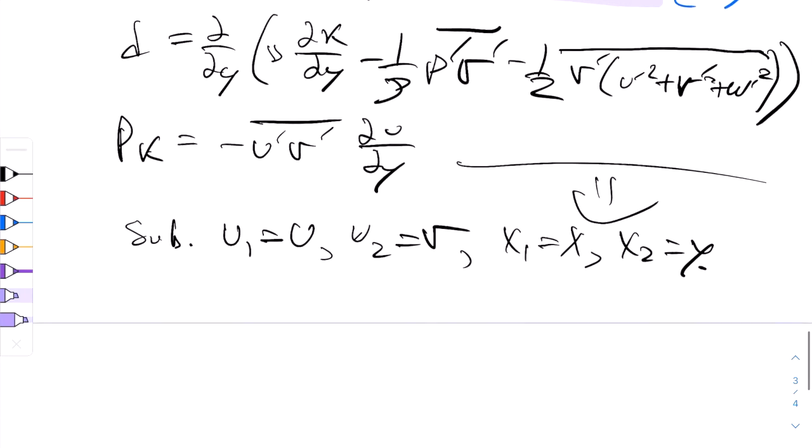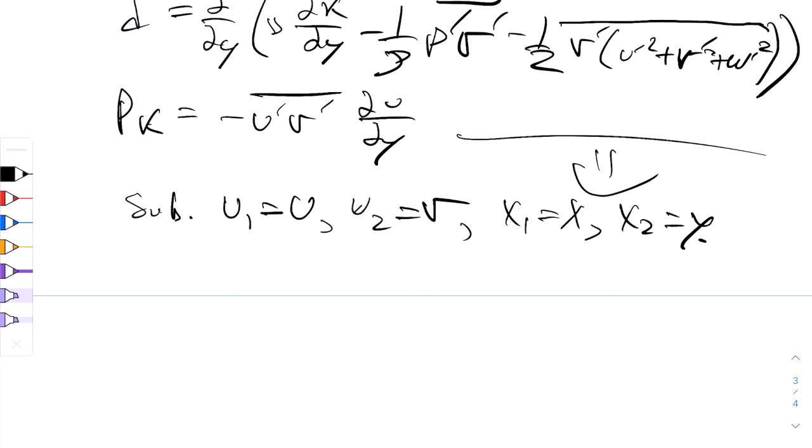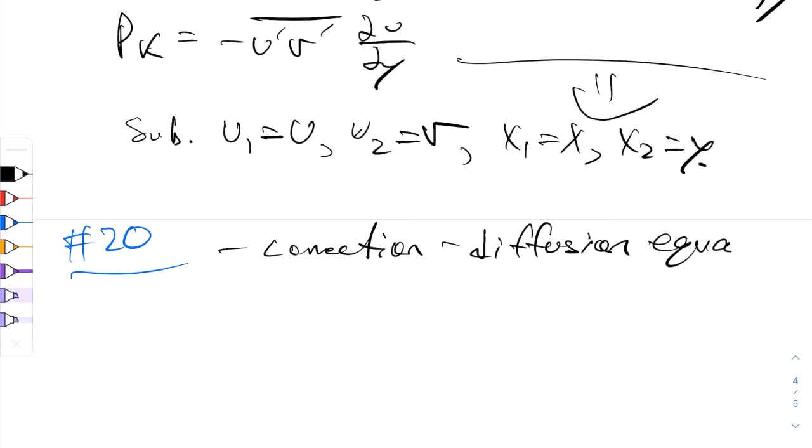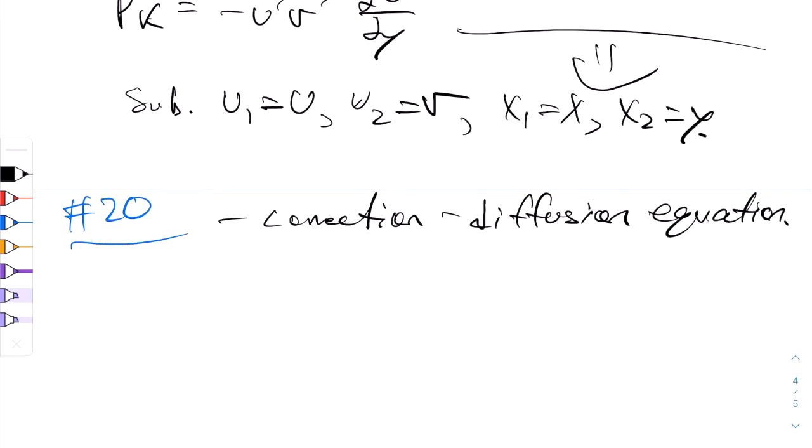And what are the properties of this equation? In fact, number 20 has certain properties. Let's just make some notes about those. First of all, it's a convection diffusion equation. And if you look on Google, you'll see there are many properties of convection diffusion equations, which is wonderful. And it has a particular source or sink.